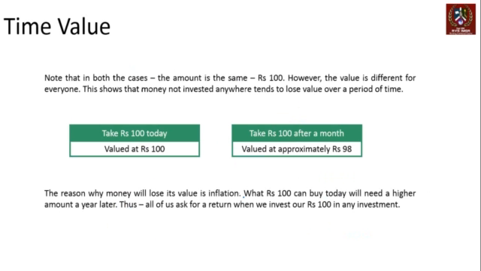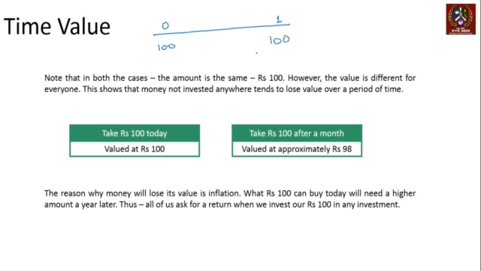Now note that in both the cases, the amount is the same, right? So there is this concept of value versus amount, or price versus amount, that comes in, right? The amount is the same. You're going to get 100 at time 0 and you're going to get 100 at time 1.